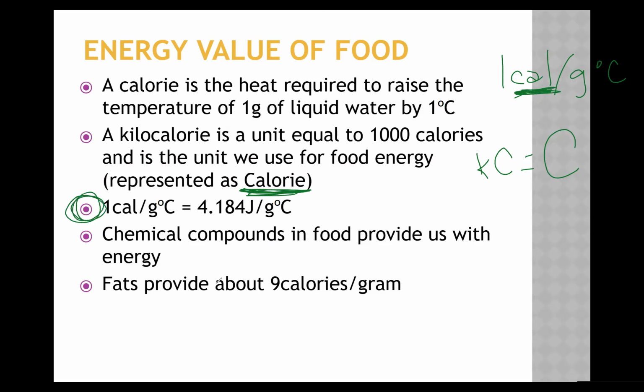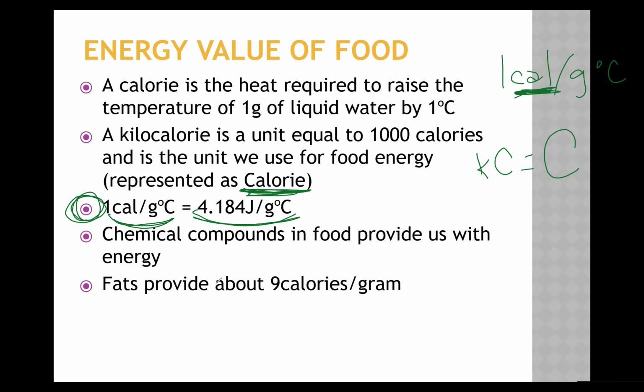So we know that 1 calorie per gram degree Celsius equals 4.184 joules per gram degree Celsius. Water is kind of the standard. So if you're finding the heat of reaction in terms of water, you're going to be using 4.184 joules per gram degree Celsius, or if you're looking for calories, it's calories per gram degree Celsius.